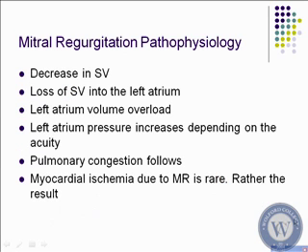In mitral regurgitation, you see a decrease in stroke volume because you're emptying the volume into the left atrium. This leads to left atrial volume overload that occurs very rapidly, which leads to a rapid increase in pressure depending on the acuity. If you have somebody with mitral regurgitation that's gradual, then the left atrium will dilate.